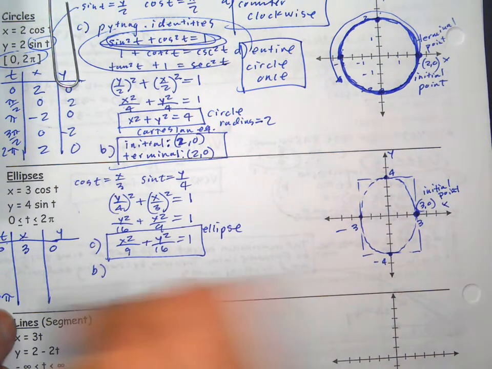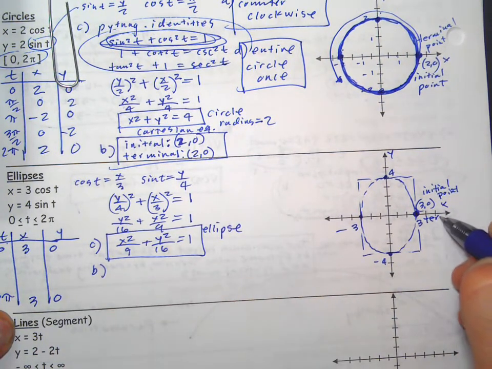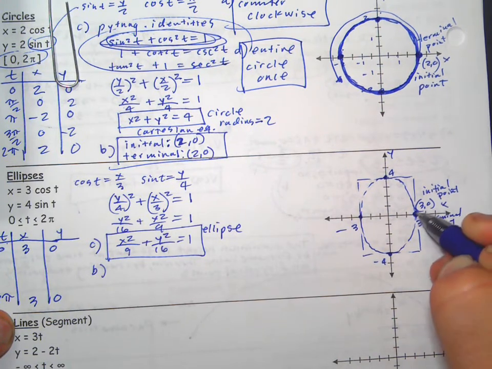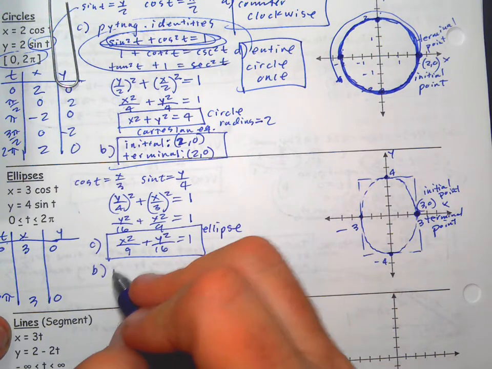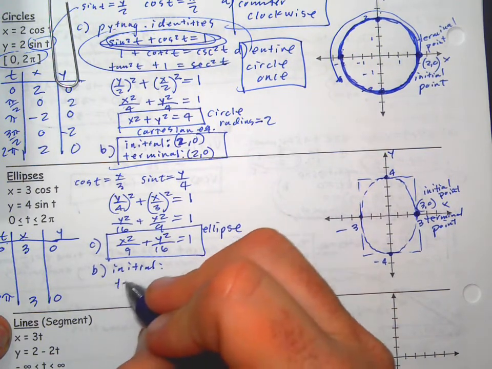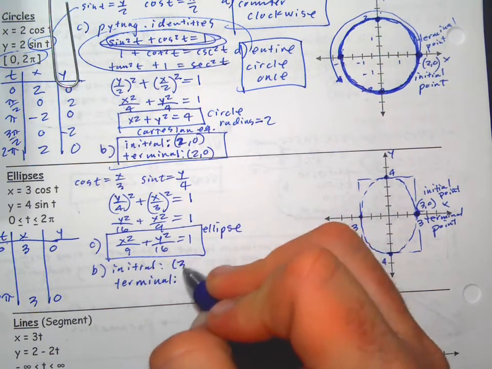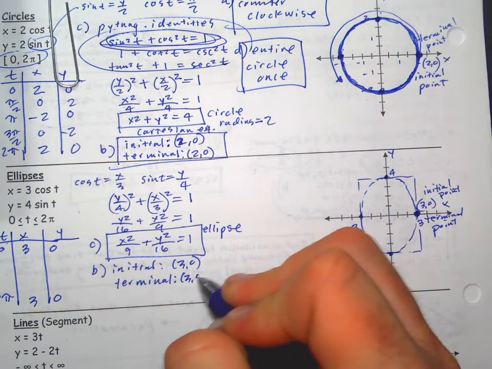And as you plug in 2 pi, it's going to be 3, 0 also, so it's also the terminal point. I want it labeled on the graph. I want the coordinates and the name. So I'm going to write initial, terminal. It's going to be 3, 0 for both of them. Okay.